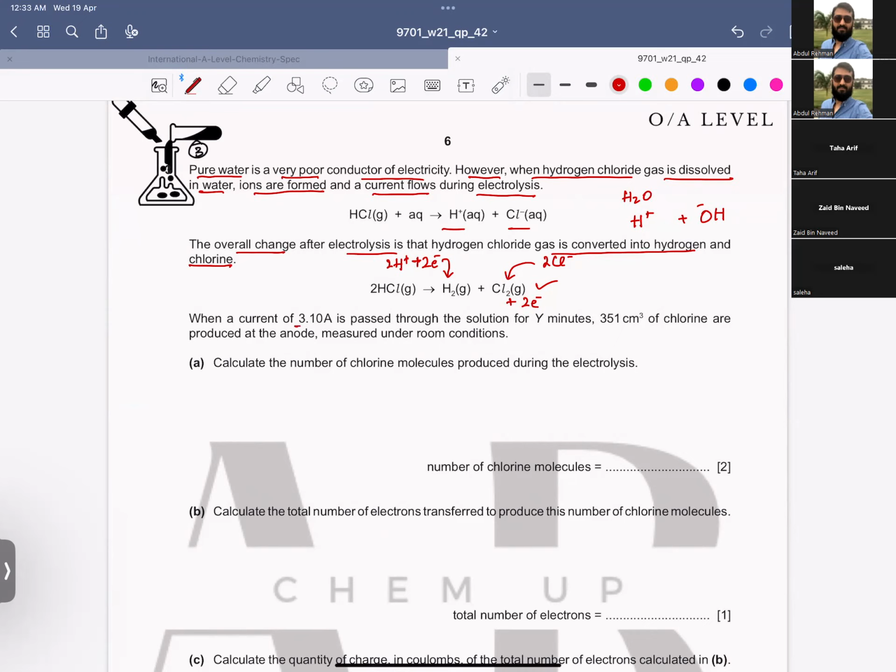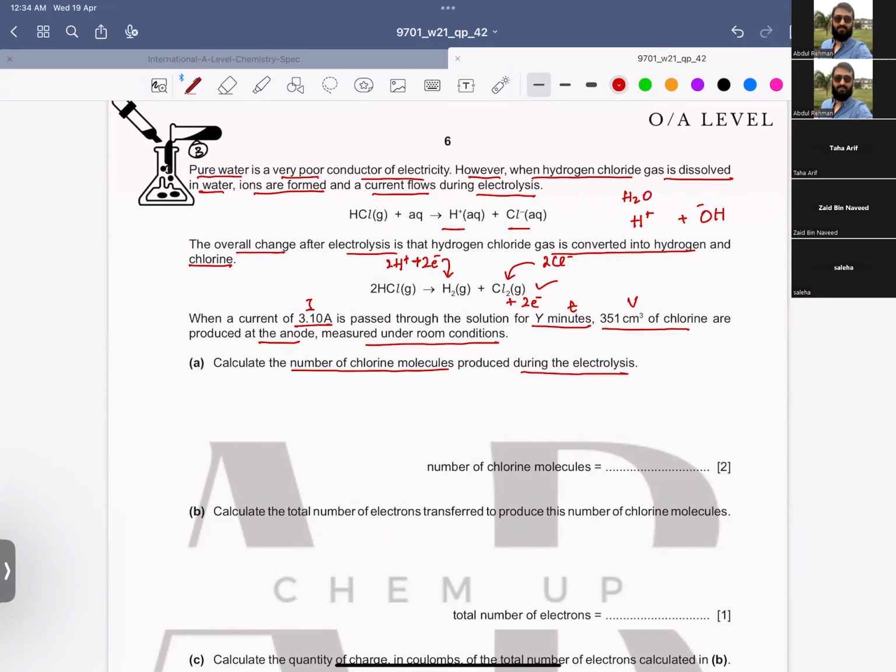So when a current of 3.10 ampere is passed through a solution for Y minutes, 351 centimeter cube of chlorine, a volume of chlorine, is produced at the anode, measured under room conditions. Calculate the number of chlorine molecules produced during the electrolysis.